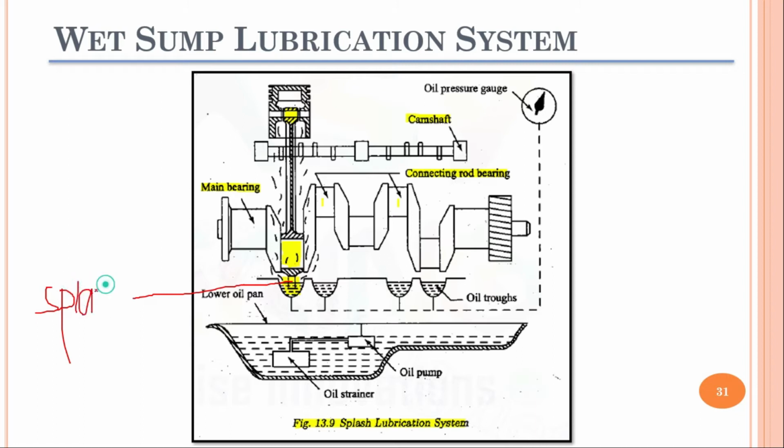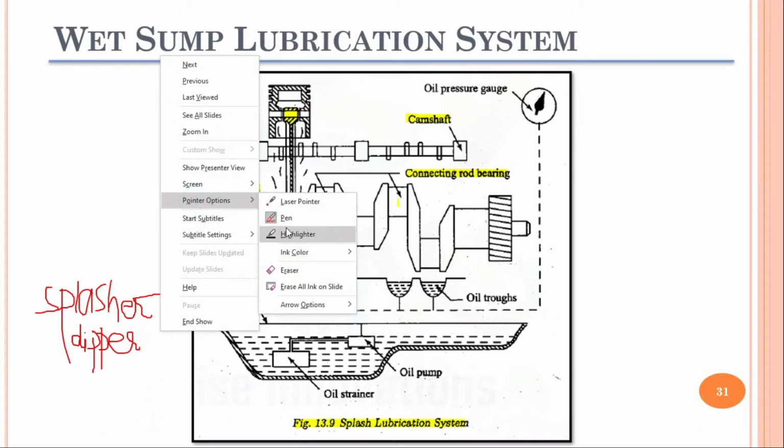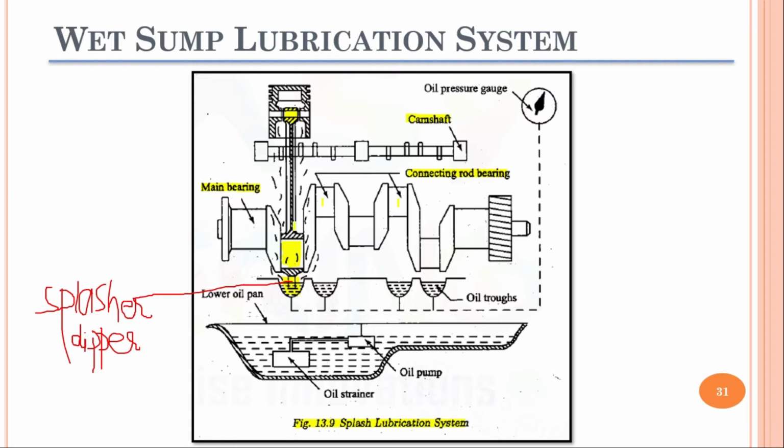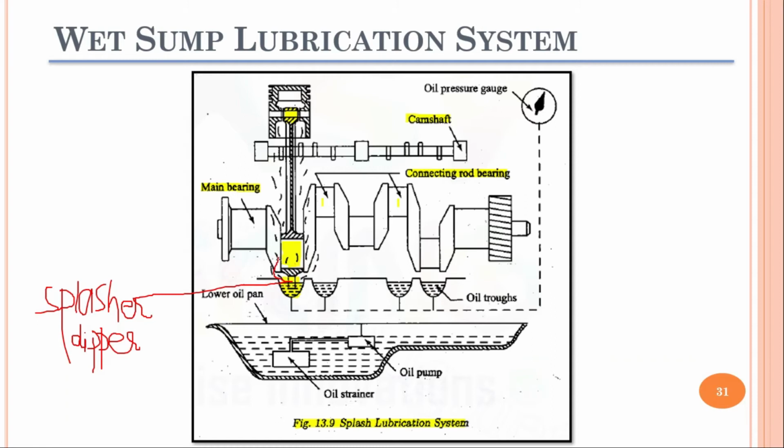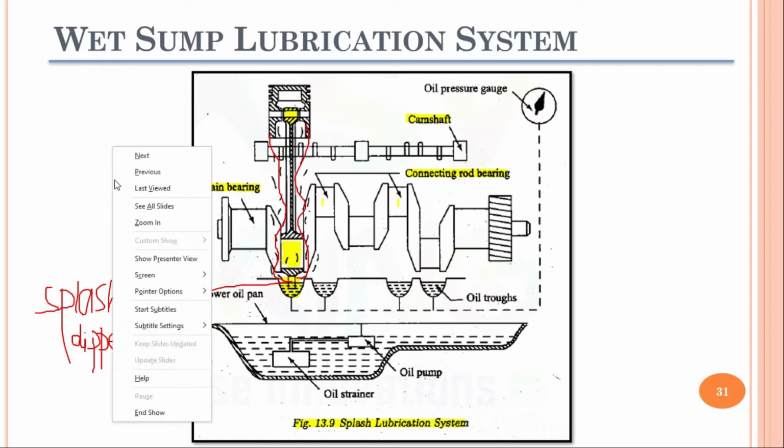This pin which is present below the connecting rod is called either splasher or sometimes dipper, because when this crankshaft is operating and this connecting rod is reciprocating, the big end section of the connecting rod will move up and come down, and this dipper will splash the liquid lubrication oil present inside this oil trough, and that lubrication oil after splashing will move up and lubricate the components of the IC engine.